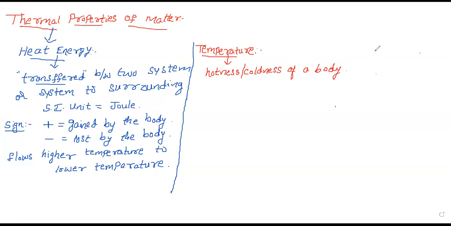What will be the SI unit for temperature? The SI unit for temperature is the Kelvin, denoted with K. But also degree Celsius is mainly used for temperature, and we also use the Fahrenheit.